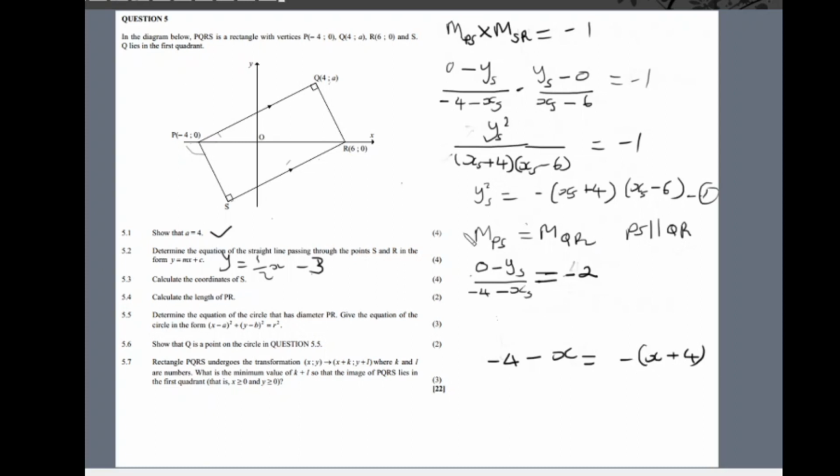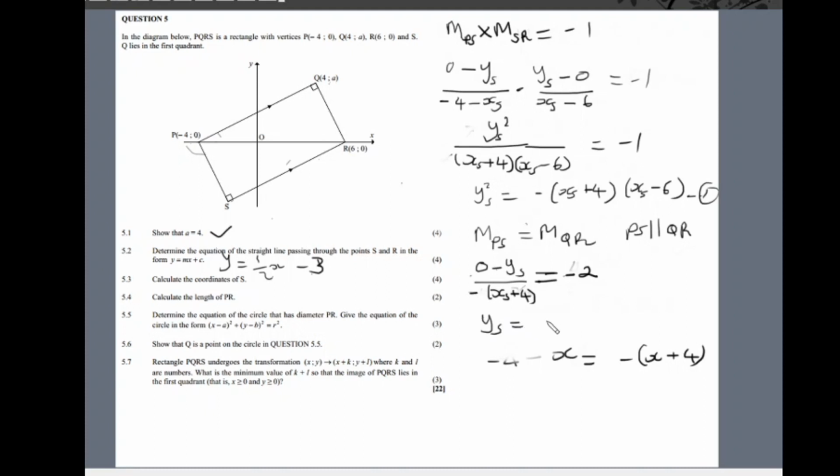The minus and that minus will cancel, so I'll have minus 1 times xs plus 4. And then now I can solve for ys.